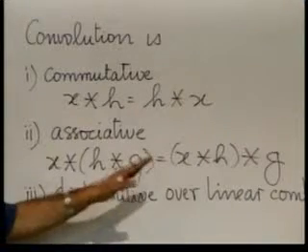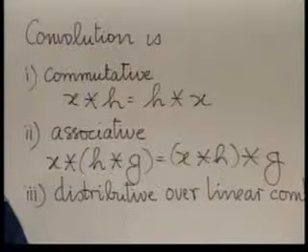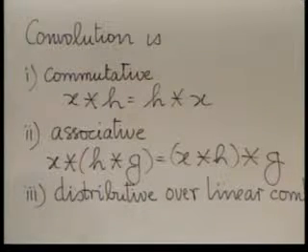Now, what do we mean by distribution? Distribution means that the convolution of a linear combination is the corresponding linear combination of the convolutions.